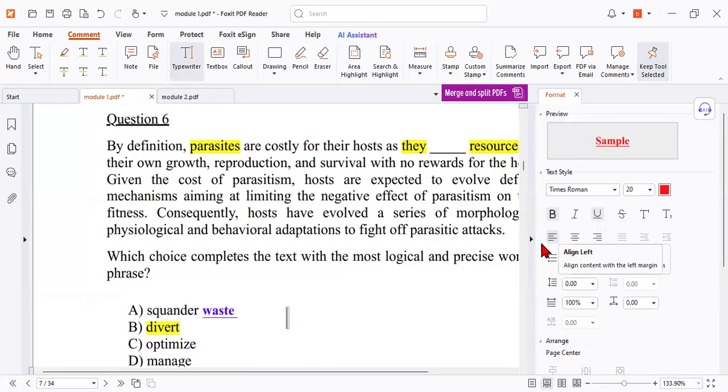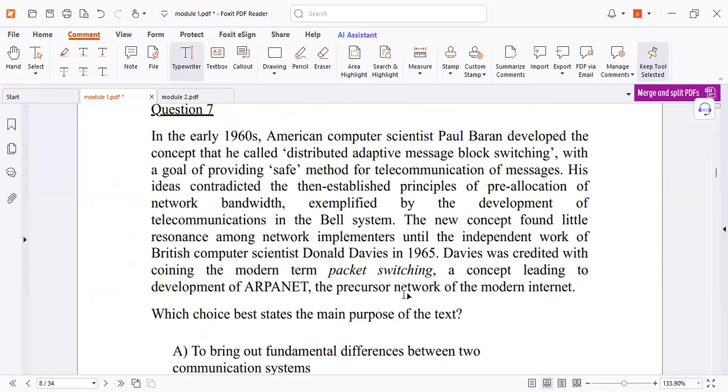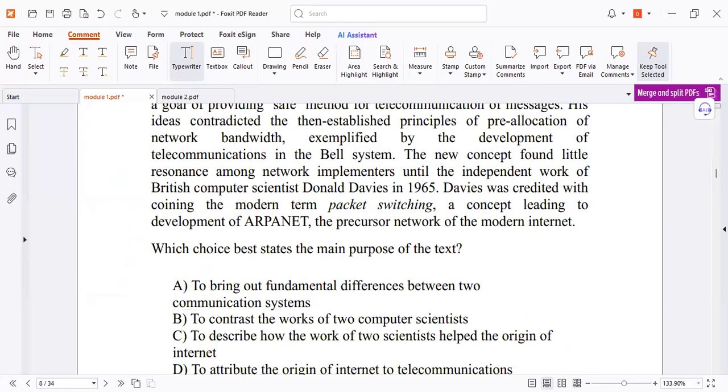Okay. Now, what is the next? Let me check. For seventh is C. Letter C, it is correct.